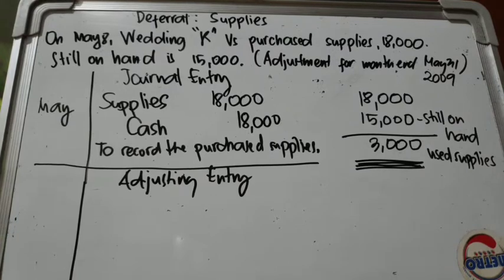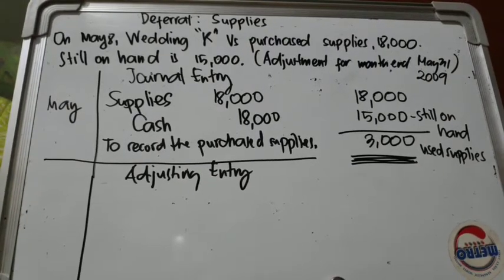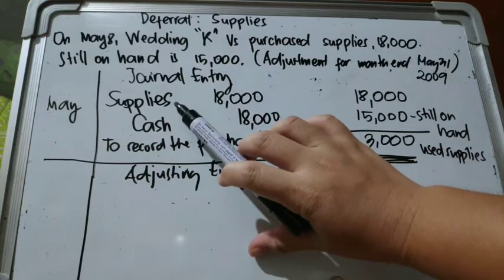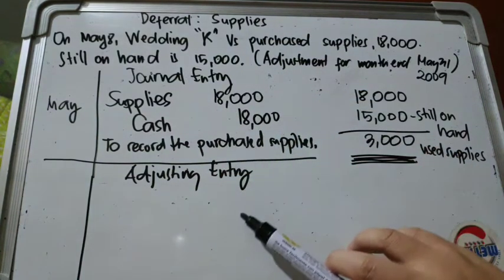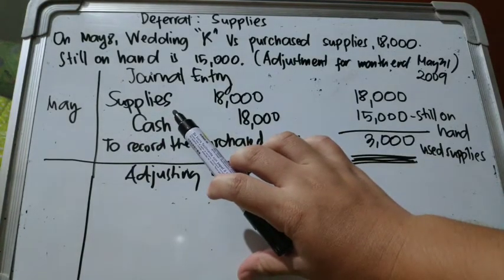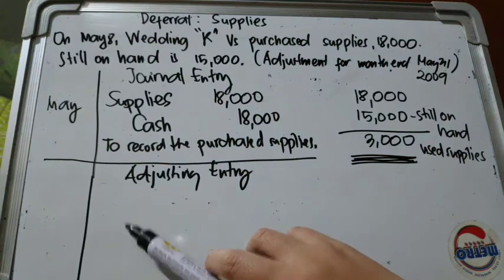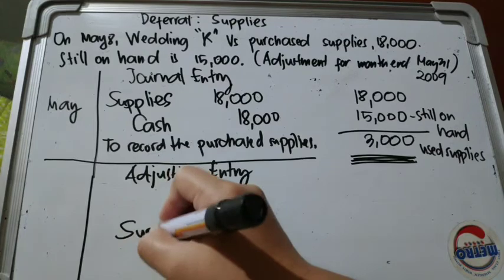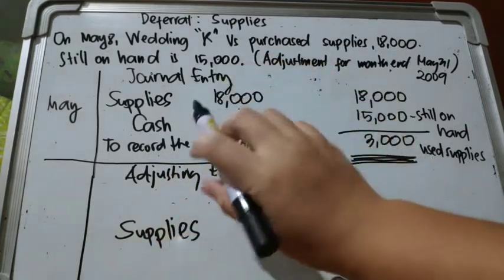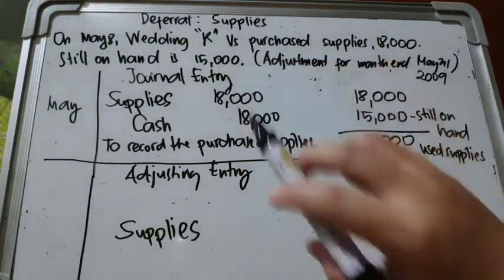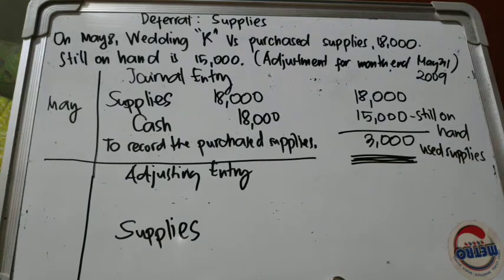Now, what will be your adjusting entry? The same with prepaid insurance and prepaid rent. As you notice, andito si supplies, and then ang ilalagay mong amount is yung na-use na supplies. So, meaning, the supplies on the debit side will be put on the credit side para may ma-minus na amount. Diba, when a debit account is put on the credit side, may deduction na nangyayari.